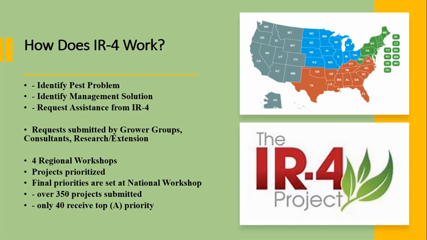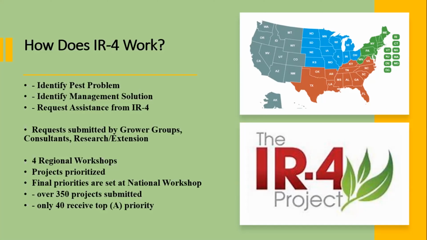If anybody has any questions, we're there to defend it. It's very important that you have the primary registrant on board, so that if you want their product to be used for this issue, they would support the product being labeled.